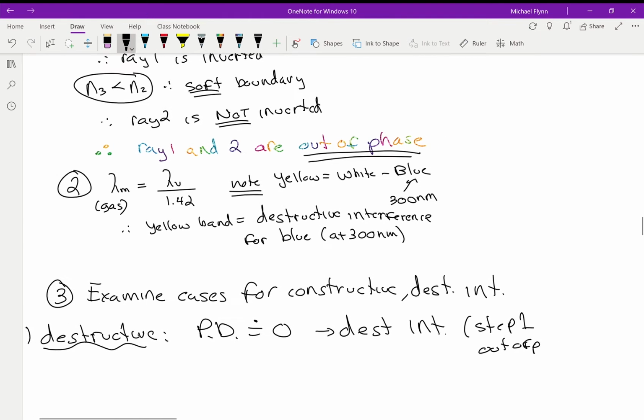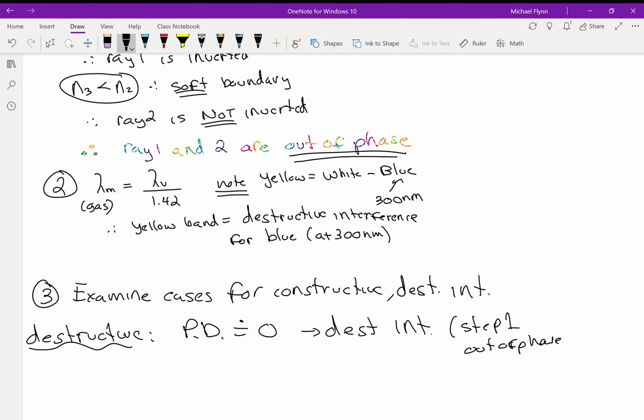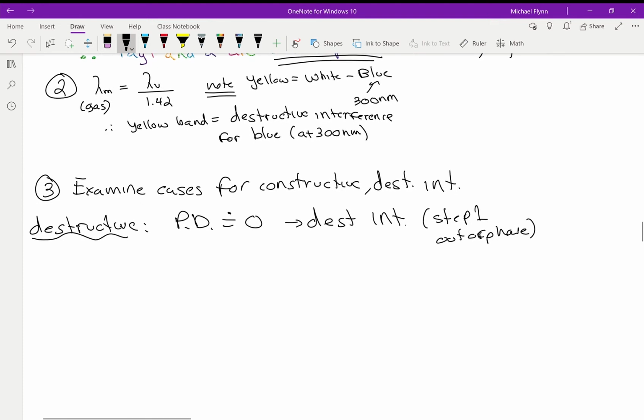And that means you have a crest and a trough, right? So ray 1 is a crest. Ray 2, not ray squared, ray 2 is a trough. That means they're out of step already. So if they're right on top of each other and the path difference is approximately 0, we're going to get destructive interference. Now, where is the path difference approximately 0?